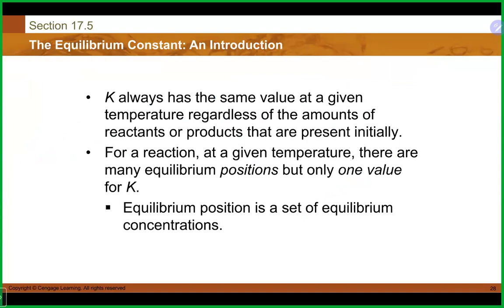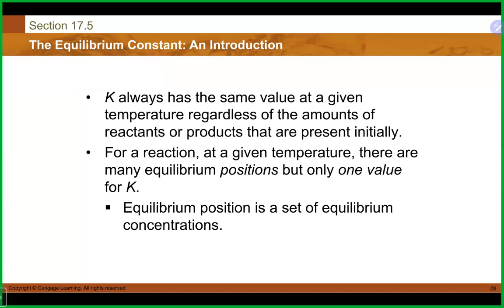A very hard thing for people to understand when they're doing equilibrium and dealing with K is basically this idea, so let me just explain it a little bit more to you. First off, K is dependent on temperature. The only thing that could change the value of K is if you change the temperature.